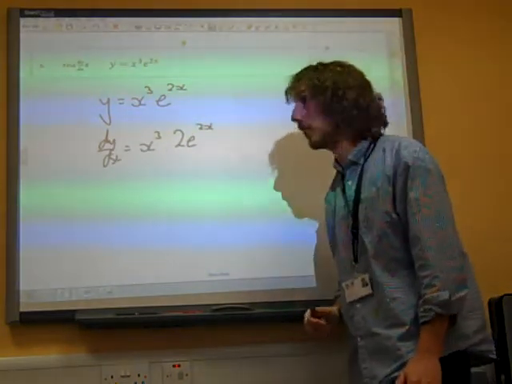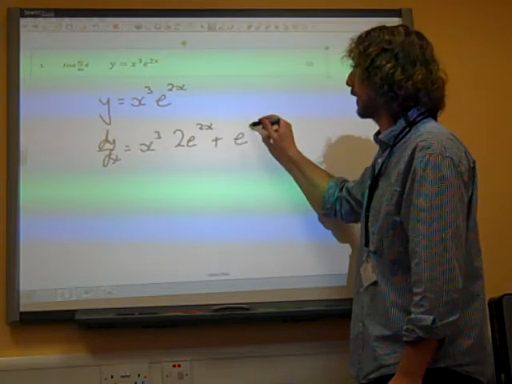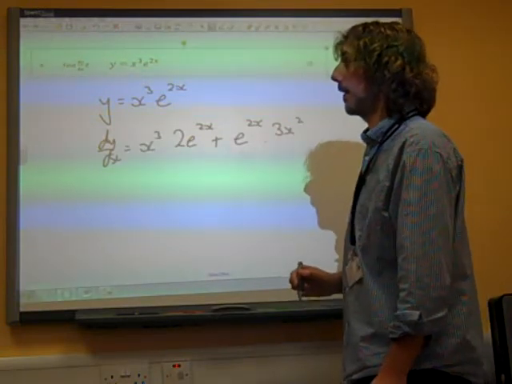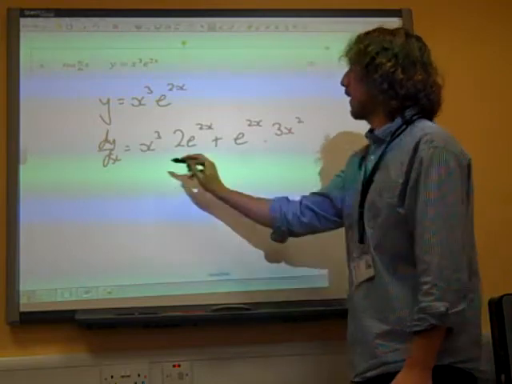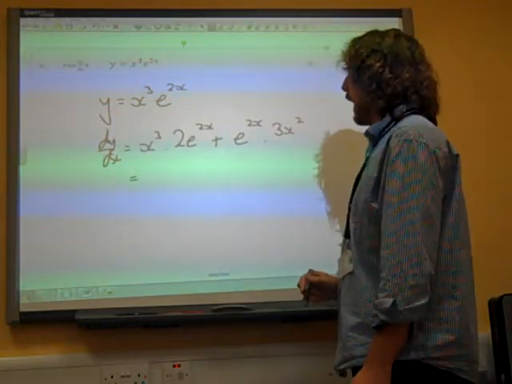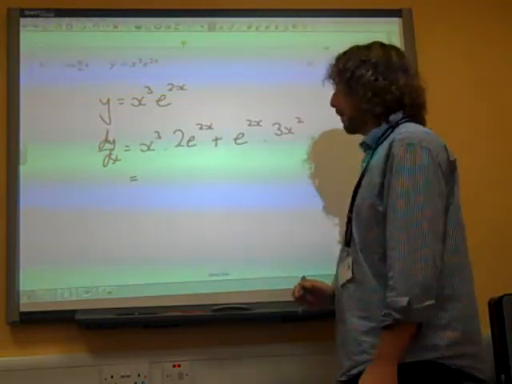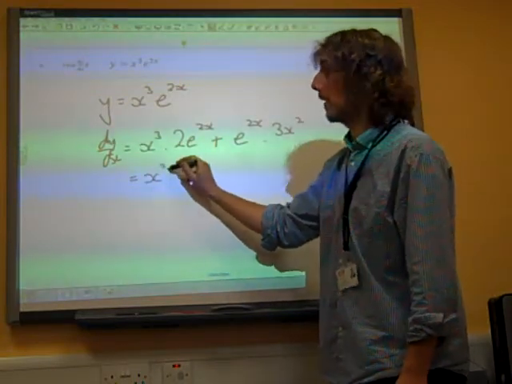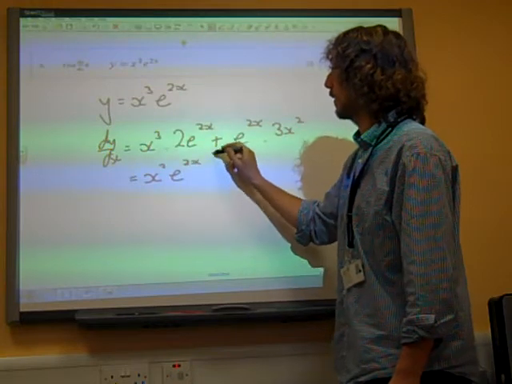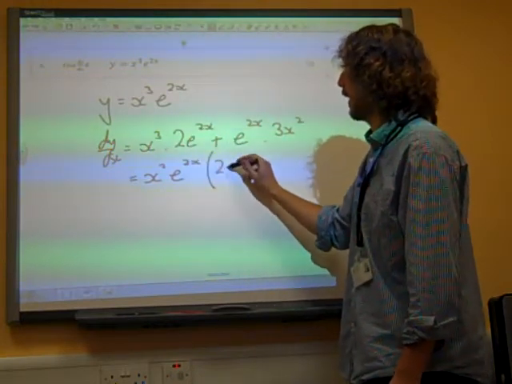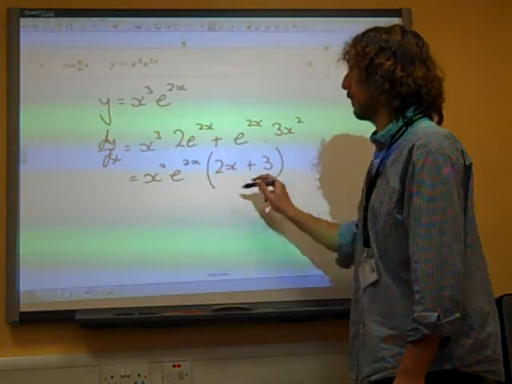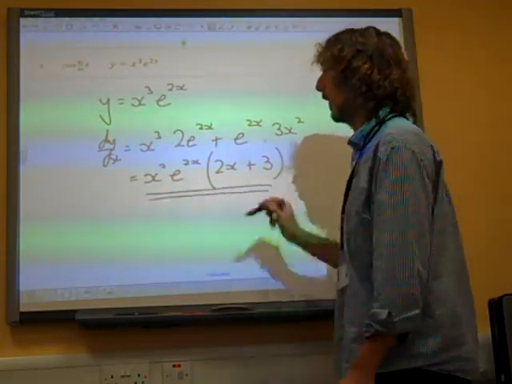Differentiate e to the 2x, you get 2e to the 2x, plus the second times the derivative of the first. And there is dy by dx. It might be nice to factorise this. We've got a common factor of x squared e to the 2x, and then we've got this 2x from there plus 3 from that bit. And there we go.